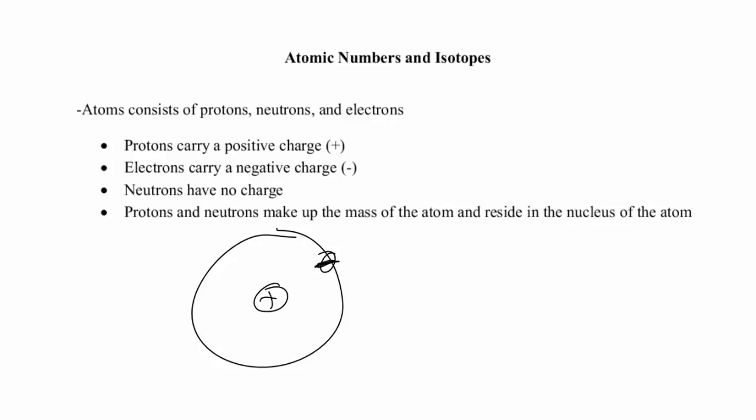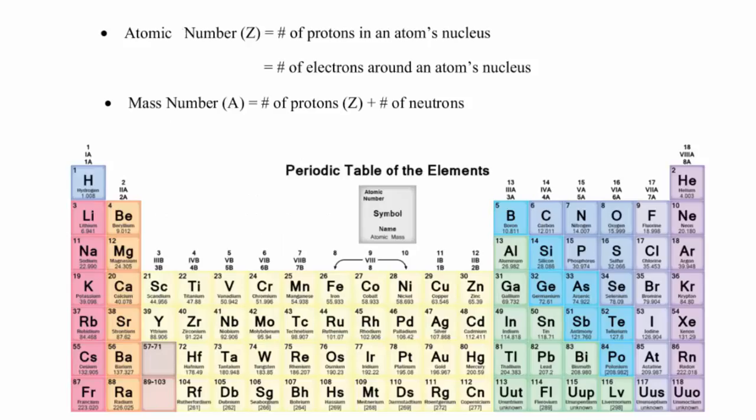Now we'll move on to the next slide. The first thing I'll talk about are some symbols that are used when talking about atomic numbers. So the first is the atomic number, and this is equal to the number of protons in the atom's nucleus, and that is denoted by the symbol Z. And the number of protons in the atom's nucleus is also equal to the number of electrons around the atom's nucleus.